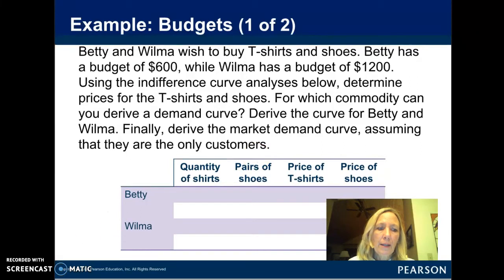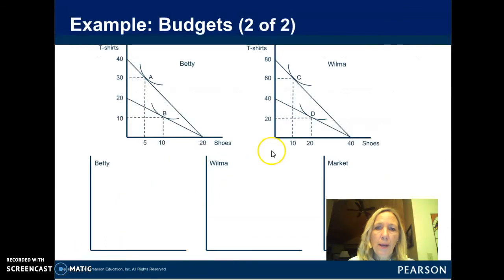So let's see if I can get this right on the first try. Betty has $600, while Wilma has $1,200. If Betty has $600 and she could buy 40 t-shirts, that means that t-shirts cost $15 apiece. How did I figure that out? 600 divided by 40 is $15.